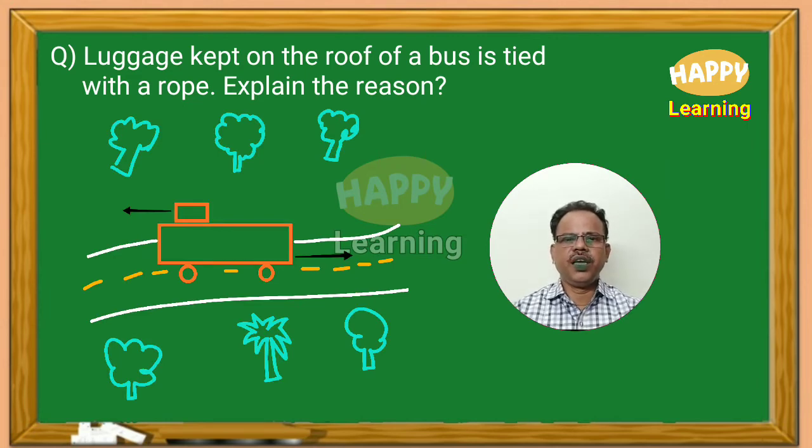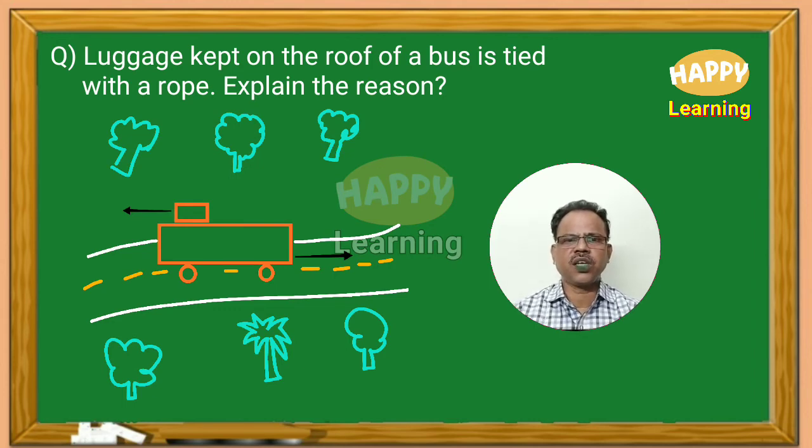The luggage on the roof of a bus is tied with a rope tightly because during its journey, the bus will come across many hurdles like sudden brakes, speed breakers, traffic disturbances, etc. So the bus may be accelerating or decelerating depending on the need, and it will happen suddenly. So the bus may not be moving with uniform velocity all the time.